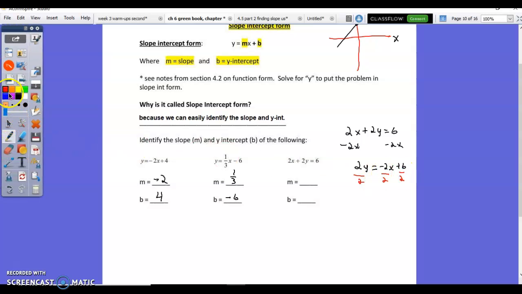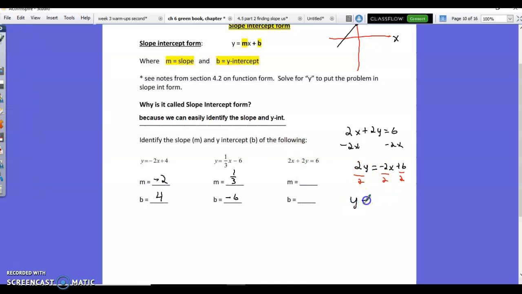When I rewrite this, y equals -2 divided by 2 is -1x, and then +3, because 6 divided by 2 is 3. Now we can easily identify our slope and y-intercept. Our m in this problem is -1, and our b, or our y-intercept, is 3.